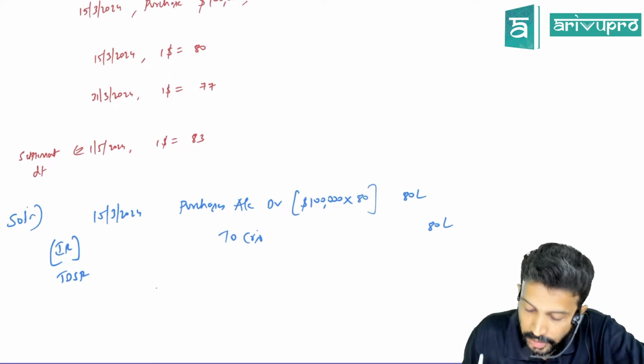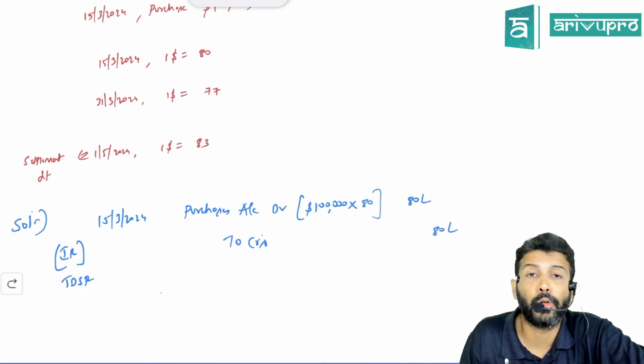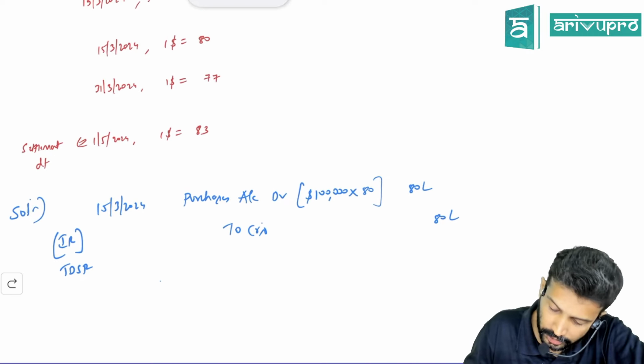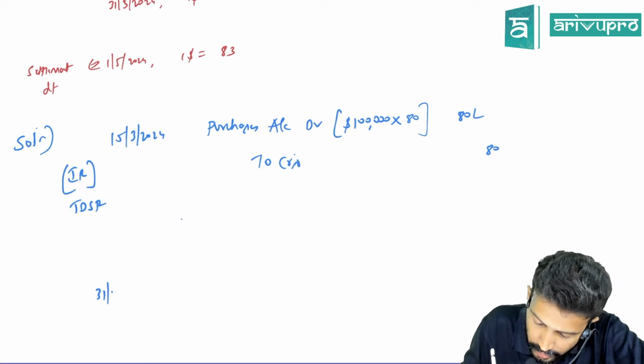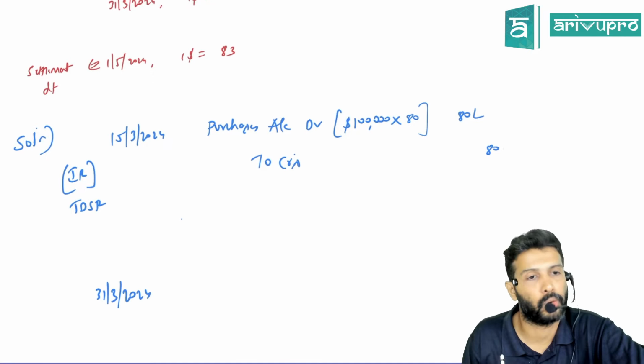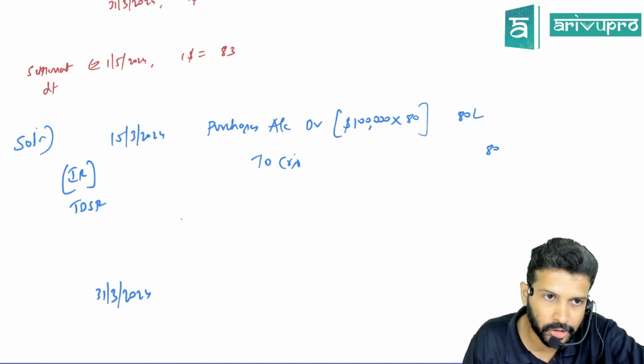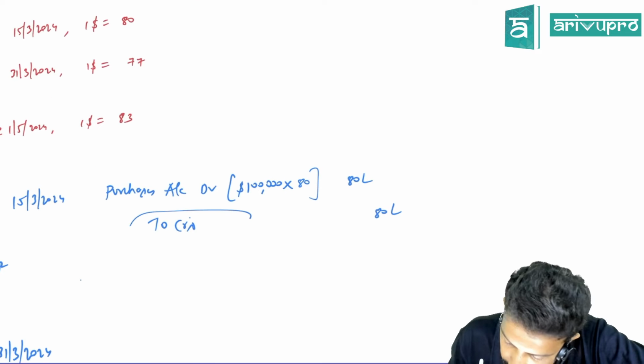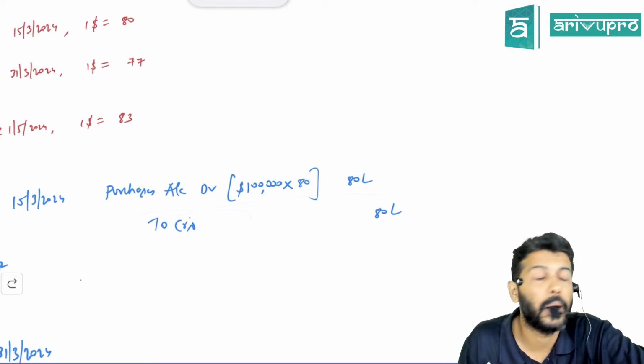Settlement is happening on 1st May. But before settlement, are you closing your books? Yes, on 31st March 2024. Now, this component, creditor: is it a monetary or a non-monetary item? Creditor is a monetary item.